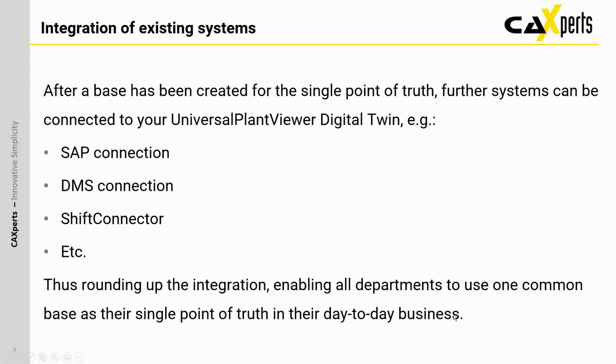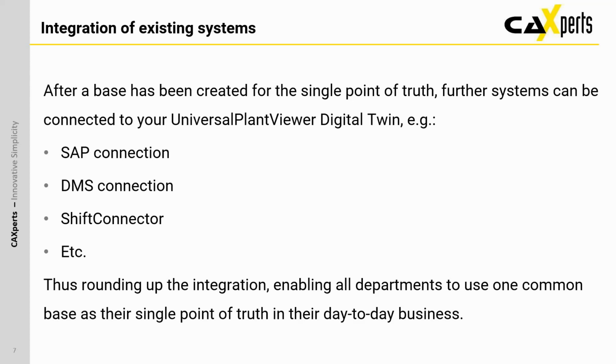So, after the base has been created for the single point of truth, further systems can be connected to the UniversalPlantViewer digital twin. For example, you can create an SAP connection showing live information coming from your SAP database. You can connect to your document management system, linking to documents that you manage in your DMS.